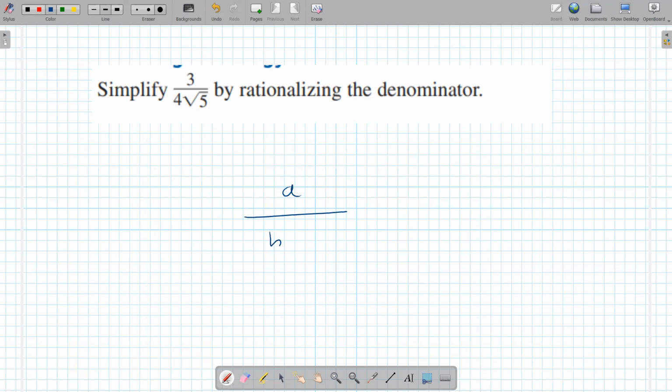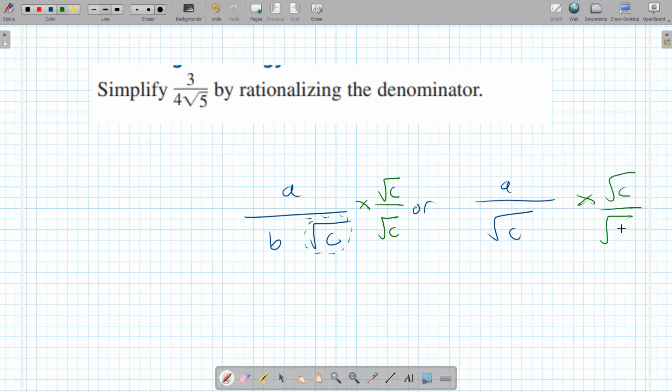If you have something in this form or something in this form, what you do is you simply multiply it by this guy. So in this case, you'll just multiply it by root c over root c. Same thing here, root c over root c.